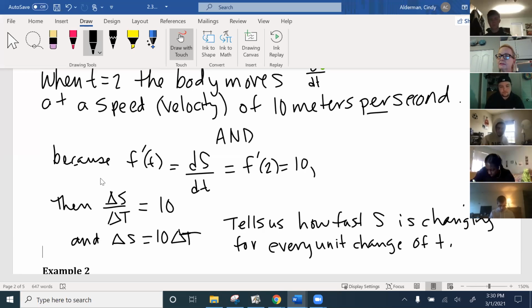So for example, at 2 seconds it would be 10, right? And if it went to the next unit, f prime of 3, then it's going to change by another 10, so it would be 20 at that point. So at 2 seconds it's this rate, but that is the actual rate that it will change for every unit. So if it was second 3, it would change to 20, because it changes by 10 for every unit change.